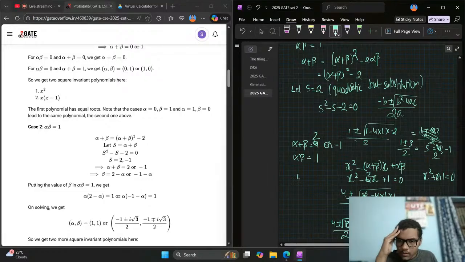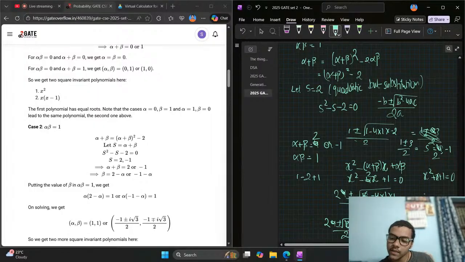This is 1 minus 2, minus b. This is 2 again. 2 by 2. So that is 1. 1 comma 1 are the roots. So x minus 1 whole square is a factor.